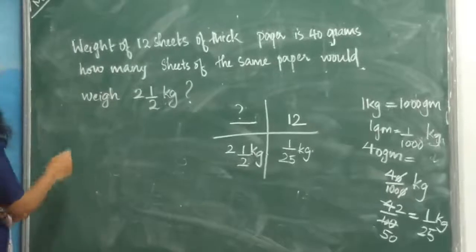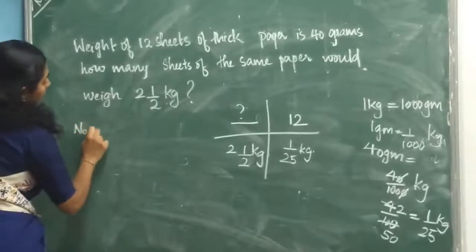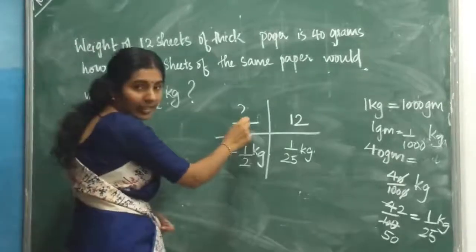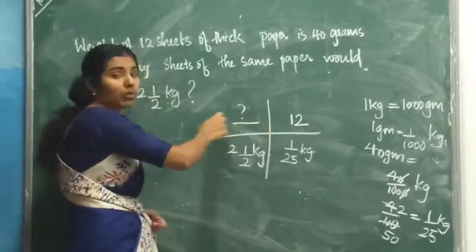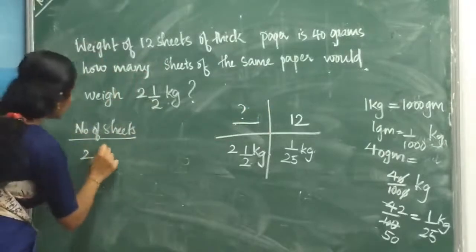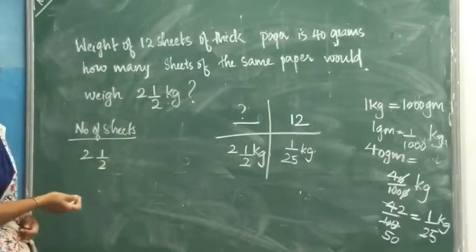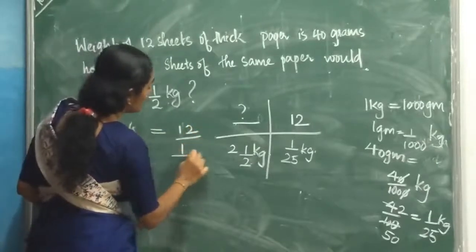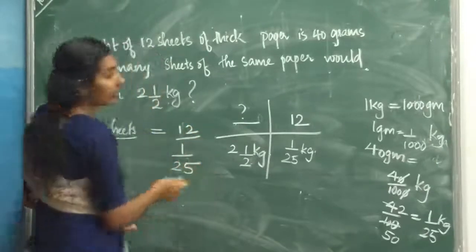Two quantities are in direct proportion means the ratios of those quantities are same. So what will be the ratio? Number of sheets, this one they didn't give, so we are writing number of sheets itself. So number of sheets divided by 2.5 kilogram equals 12 divided by 1 by 25.